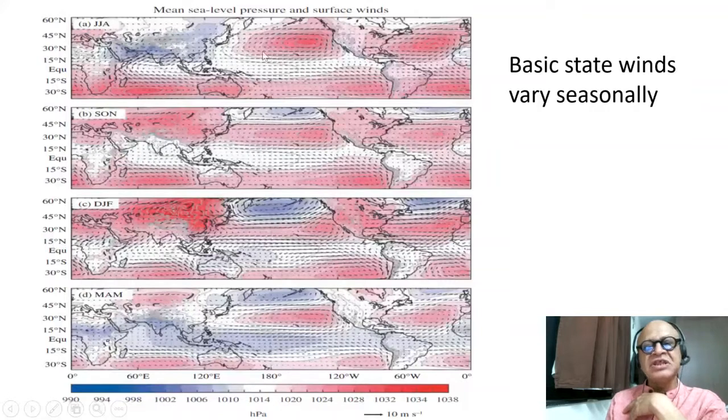But the seasonal variability of the basic state is very critical, because MJOs are propagating through this strongly varying basic state at seasonal and interannual timescales in terms of El Nino, Indian Ocean dipole, the Atlantic Nino mode, and so on that we talked about previously.